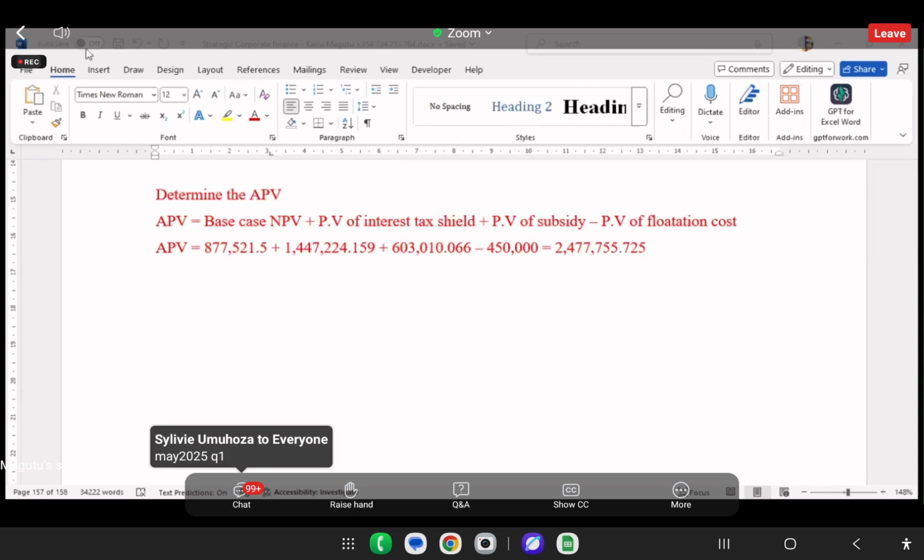There is a question, determine the APV. Yeah, good. Let us look at a question in November 2023. I think it should be question 1. November, question number 1. Let's look at that question.